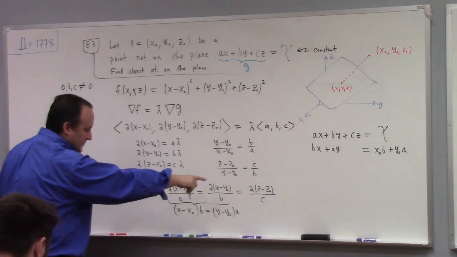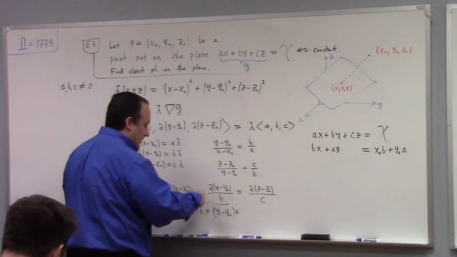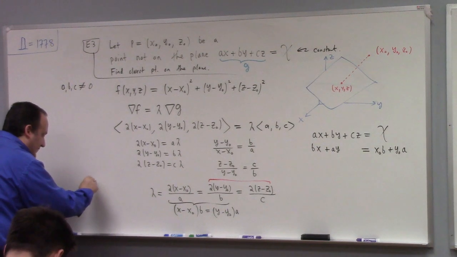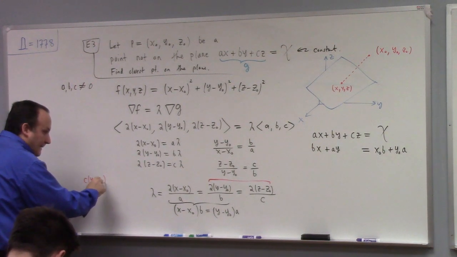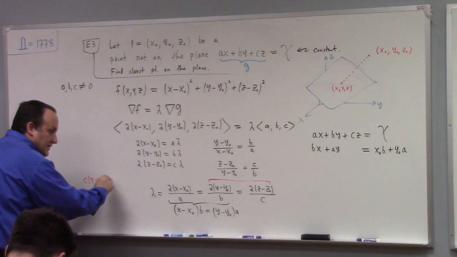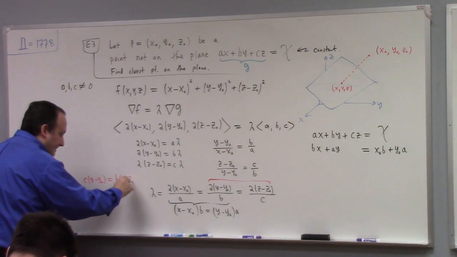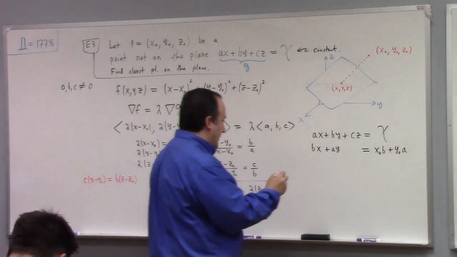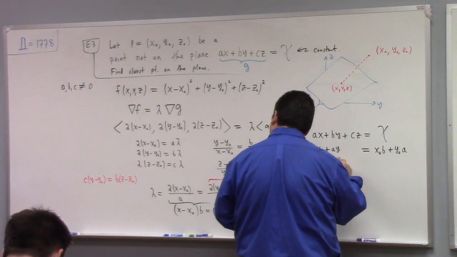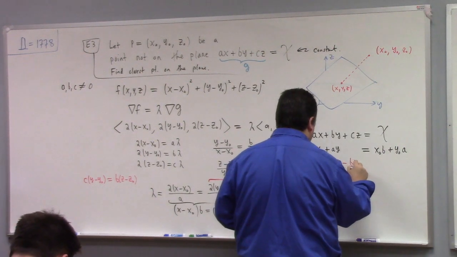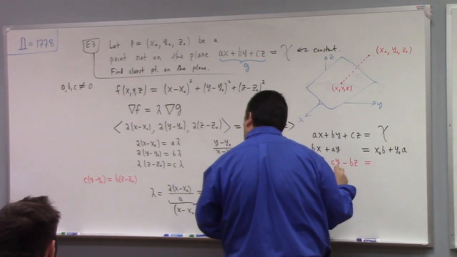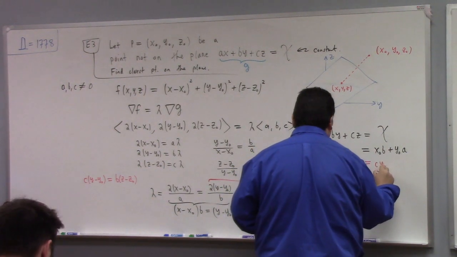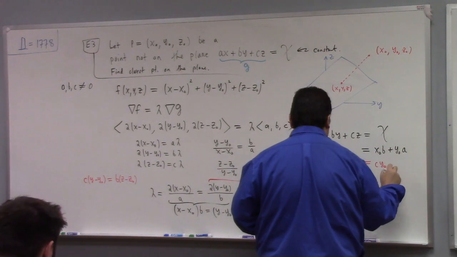Well, see, these last two here, I can look at those instead as c times y minus y naught is equal to b times z minus z naught. And that would give me the equation cy minus bz is equal to cy naught minus bz.